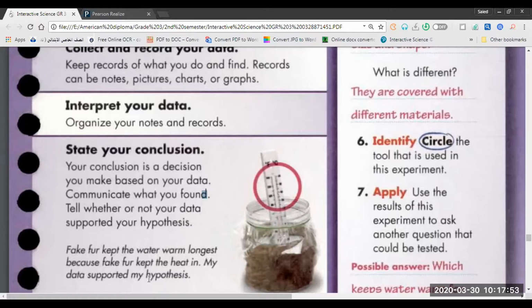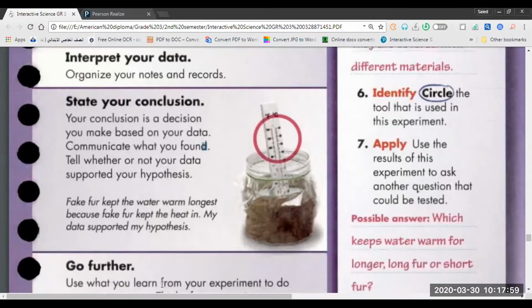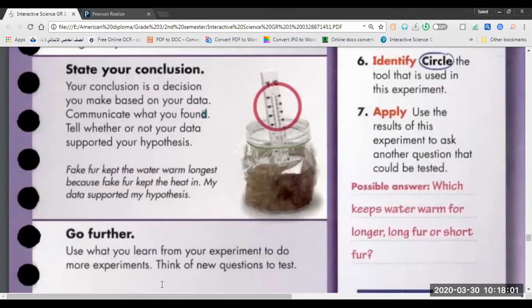Okay, so my data supported my hypothesis that I thought before. Okay, at the end, go further. It means you will use whatever you learn in this experiment in other experiments, or you will use it in other things in your life.